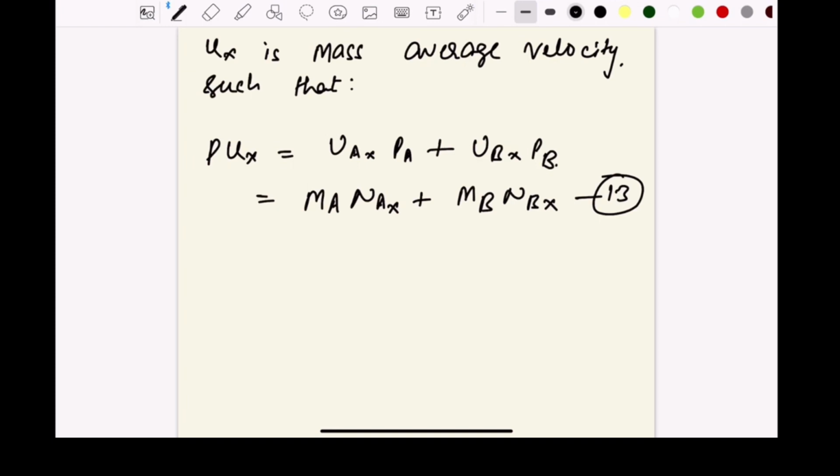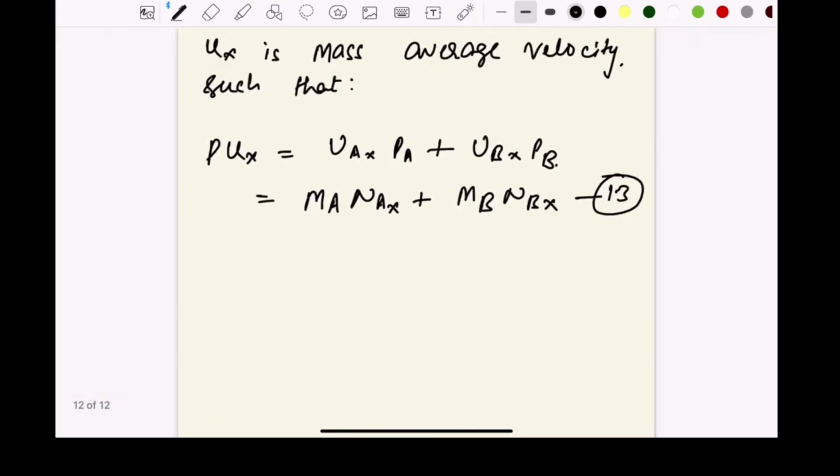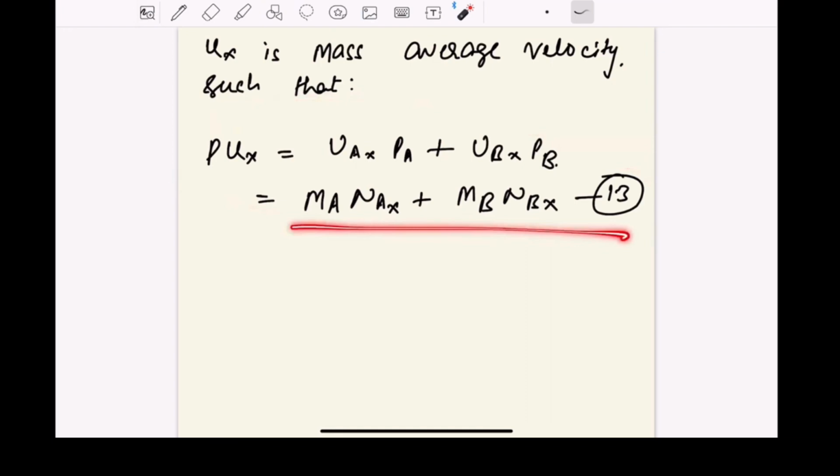Now take equation number 12, equation number 13, and differentiate it with respect to x on both sides.